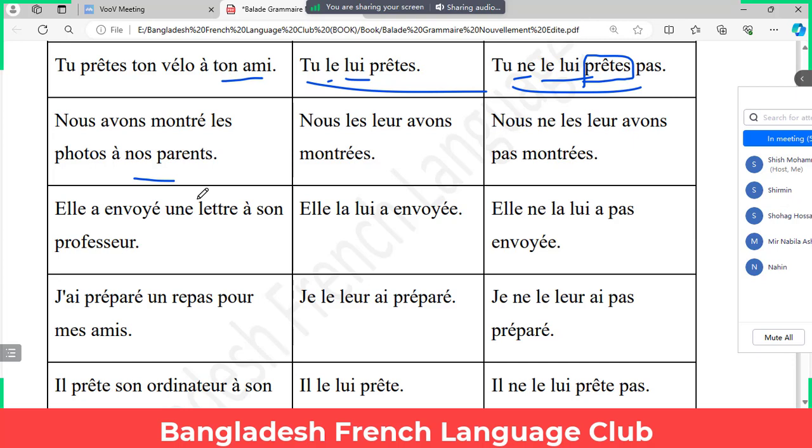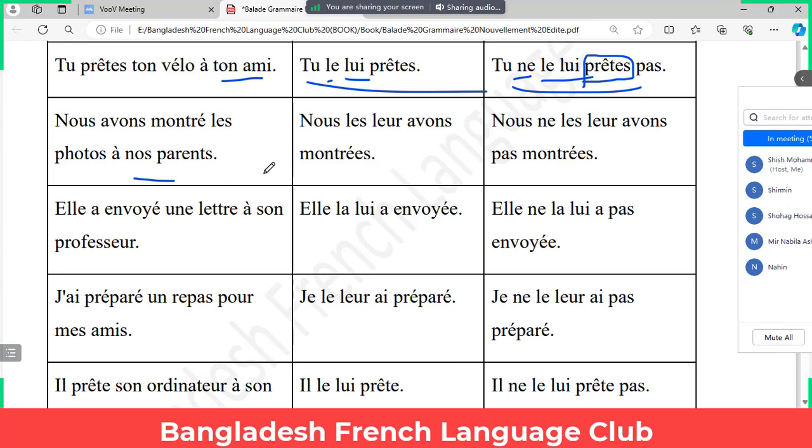It's les photos. Les photos is one object, and nos parents is another one. And it is the indirect, and the first one is the direct one. Right.